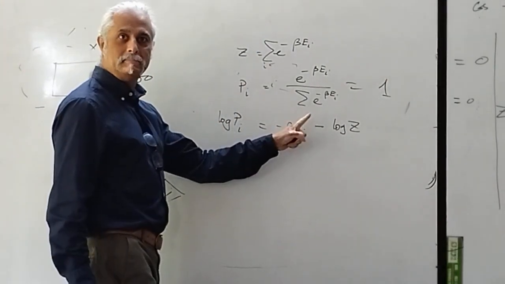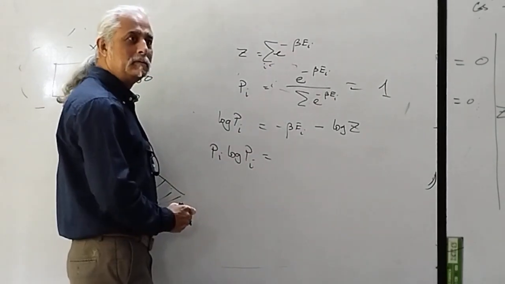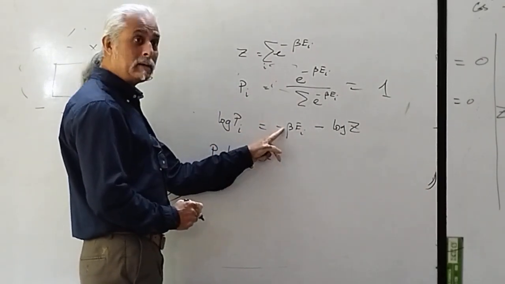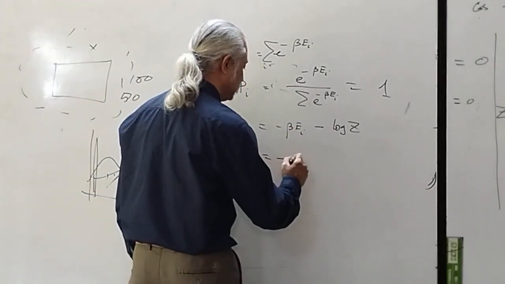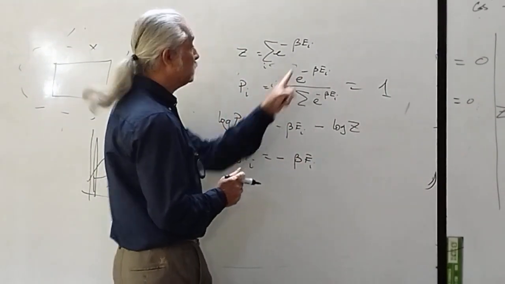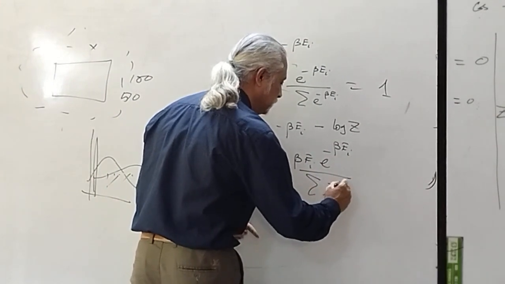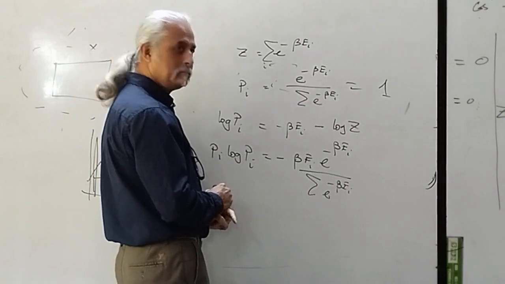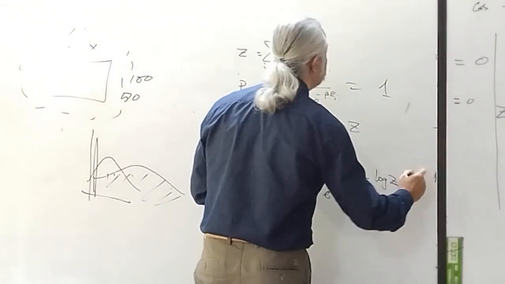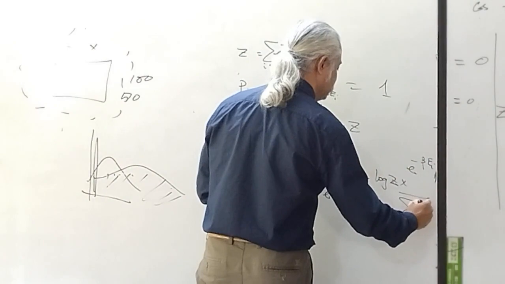Both sides I multiply by p_i. Then p_i log p_i equals, multiplying by p_i, minus beta E_i times e to the power minus beta E_i divided by the sum over e to the power minus beta E_i, minus log Z times e to the power minus beta E_i divided by the sum over e to the power minus beta E_i.